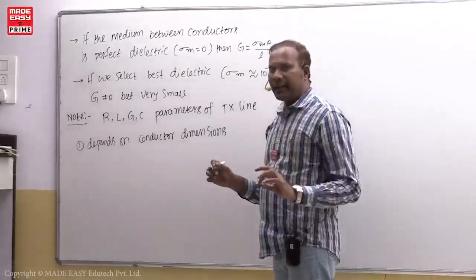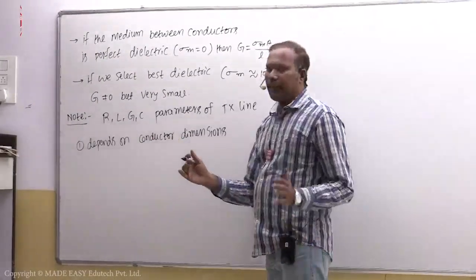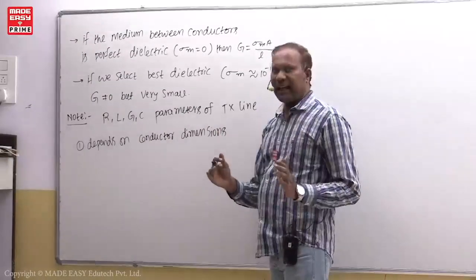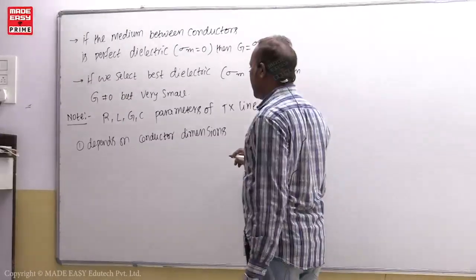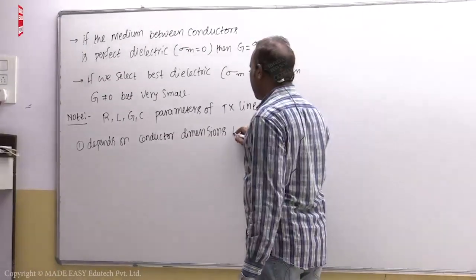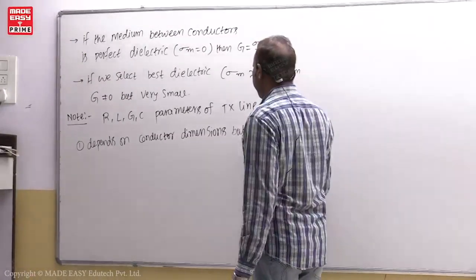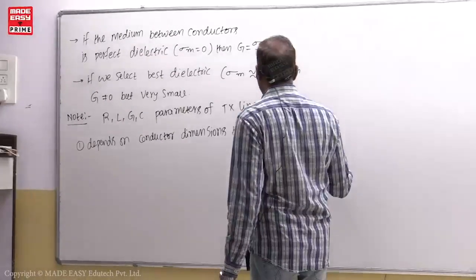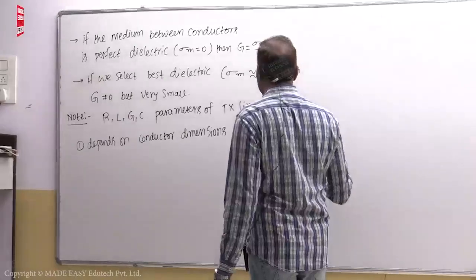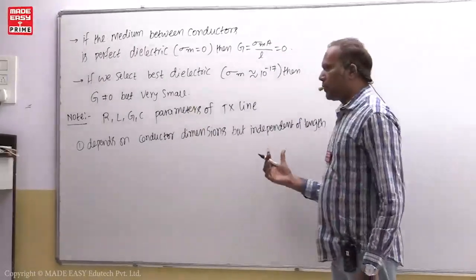Why independent of length? Because we are calculating per each meter length. That is why it depends on conductor dimensions but is independent of length, because we are calculating per meter length, students.